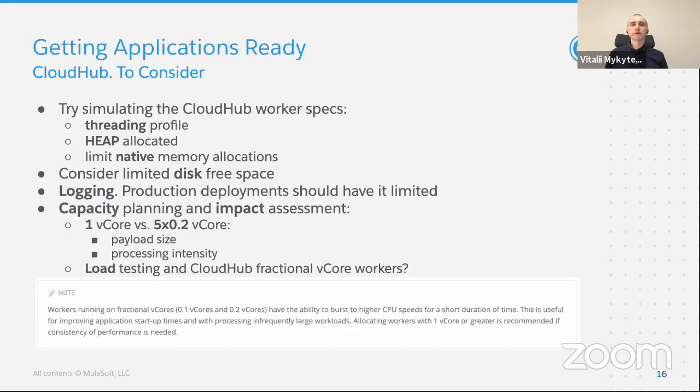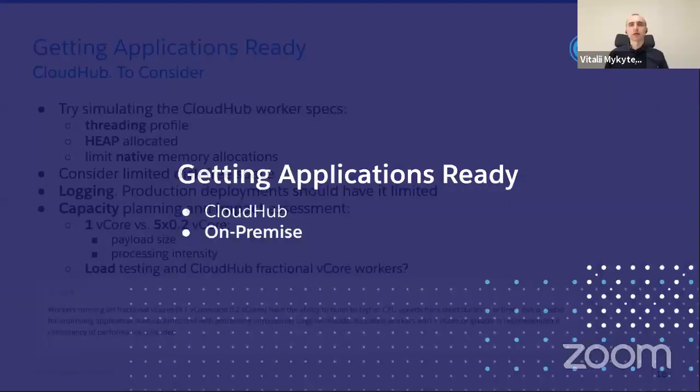Fractional vCore workers are most suitable for the scenarios I explained, which are not very CPU consuming, with smaller payloads, unlike the scenario where you want to process, I don't know, a 50 megabyte payload at 10 transactions per second. This would consume for sure all CPU resources available. So please don't be surprised when you do load testing for half of the day on a fractional vCore worker. You will get different results from what you were trying to test locally.